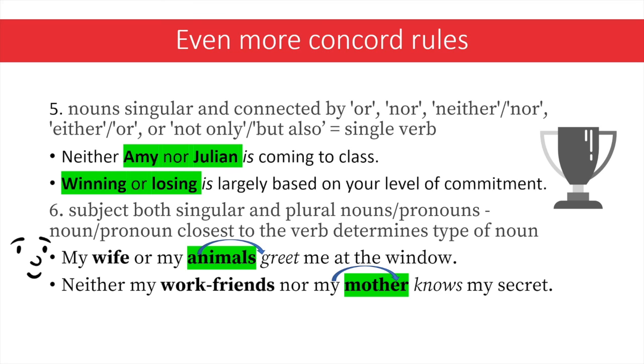How close is it in proximity? Let's have a look. My wife or my animals greet me at the window. If I had swapped that around, it would sound differently. My animals or my wife greets. Do you see? Haha! Because there's no S, I have to add it when it's singular.